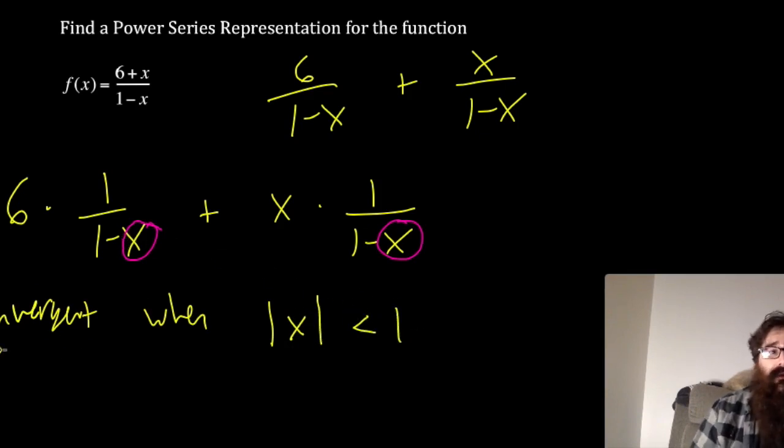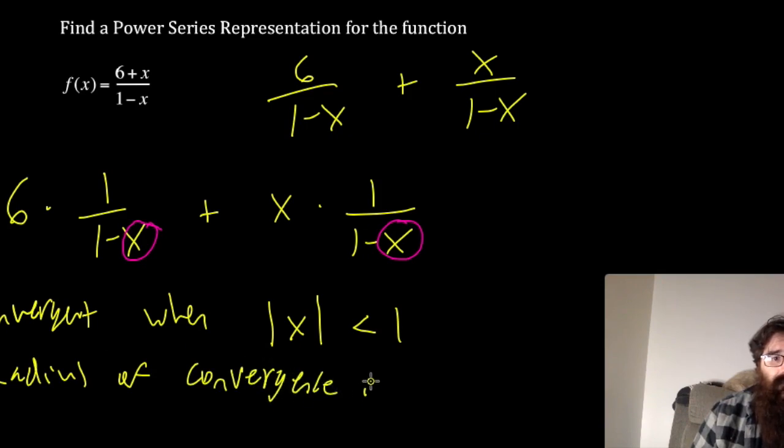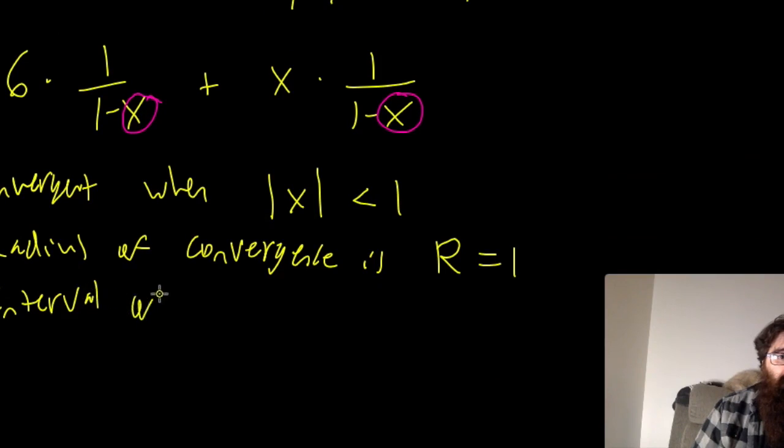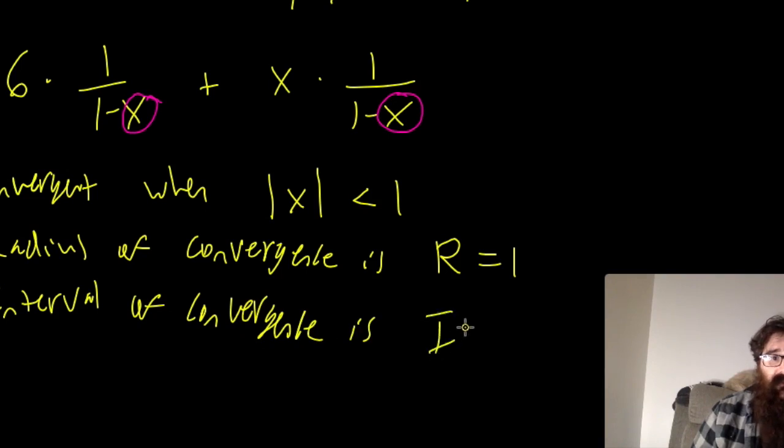And this is already solved, so I can go right to my radius and my interval. My radius of convergence is capital R equals 1. My interval of convergence, and remember, no need to check endpoints because I'm not using ratio test, that's capital I, from negative 1 to positive 1 with the rounded parentheses.